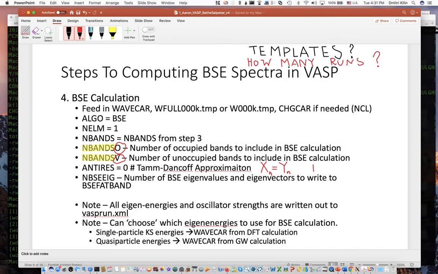And then the last tag to put in is an additional file that you have to request to be output. So it writes this BSEFATBAND file, and in there it contains eigenvalues and eigenvectors computed from the Bethe-Salpeter equation. Without this, it will only write out transition energies and their oscillator strength.